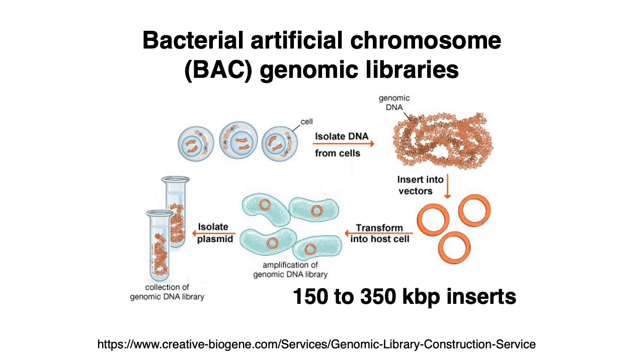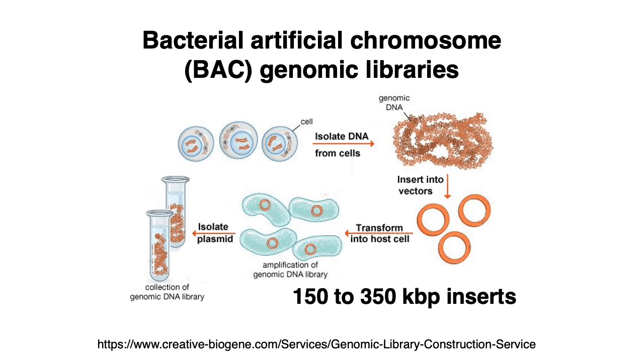If you're trying to sequence a human genome, you can take a whole bunch of human cells, isolate the genome sequence from those cells, and break it up into large 150 to 350 kb segments. Then you put each of those segments into vectors, transform them into, for example, E. coli, and generate your library from that.